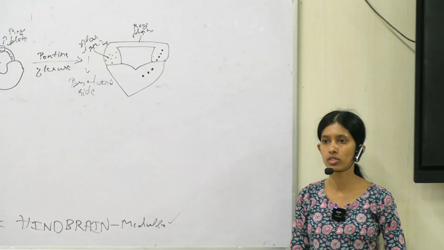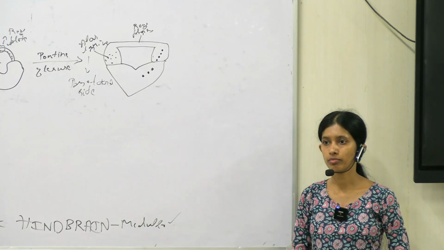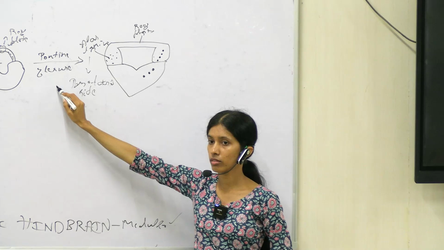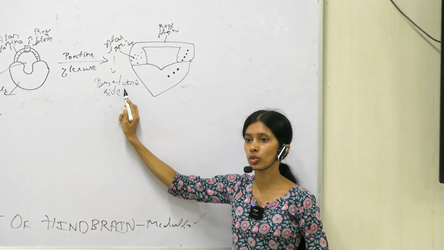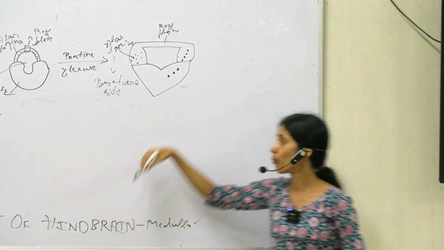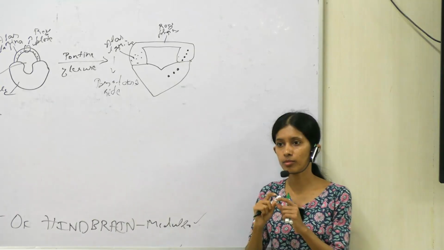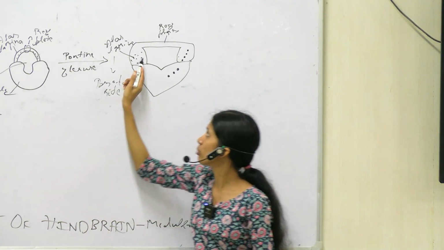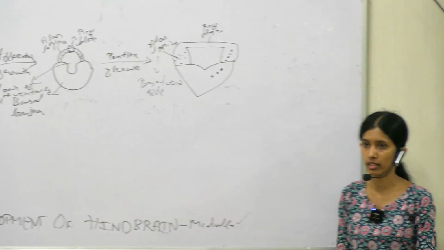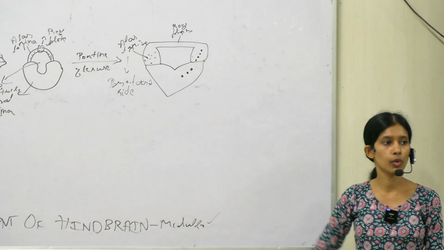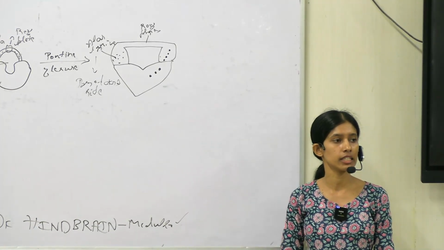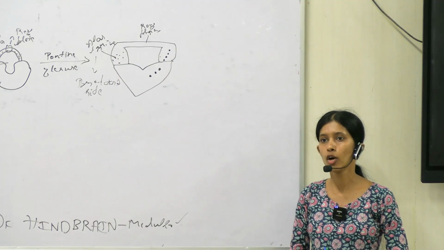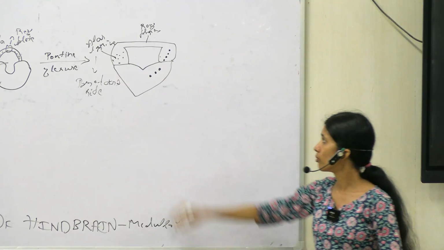Okay, any doubts? Once your roof plate gets thin and extended, your alar lamina part will be pushed towards the dorsolateral side. So in the basal lamina we can see 3 sets of columns, and in the alar lamina region we can see the 4 sets of columns.